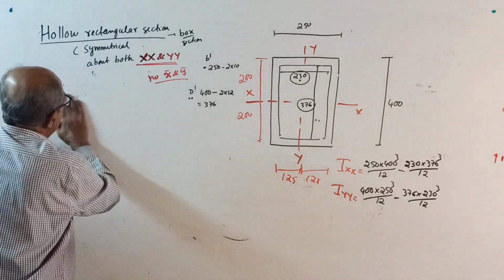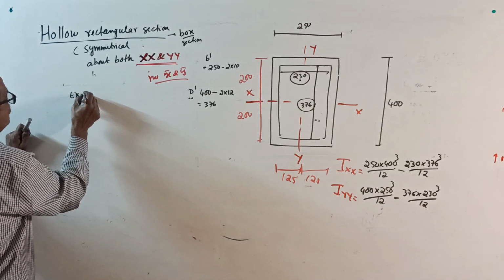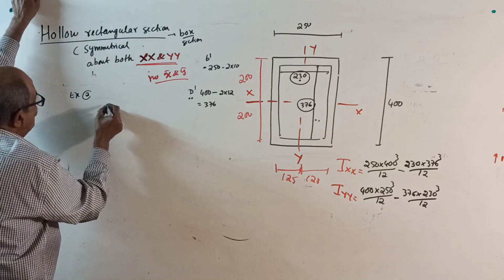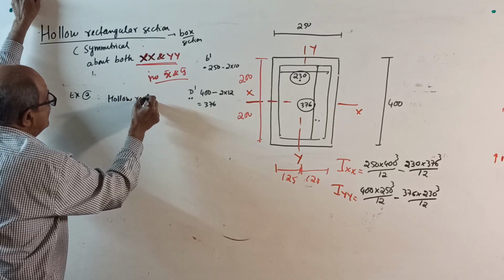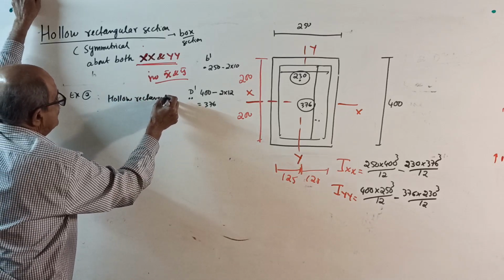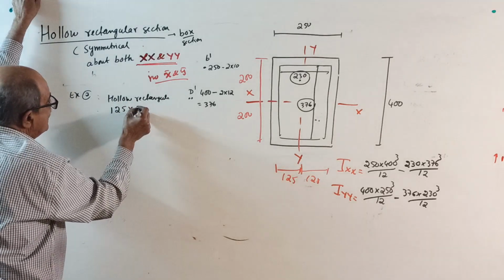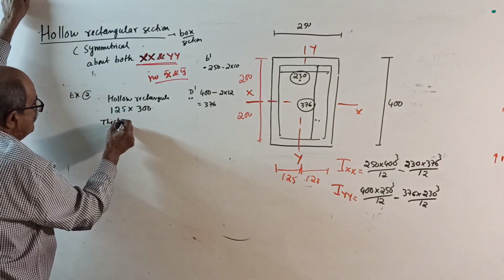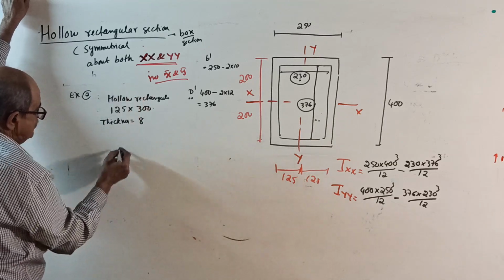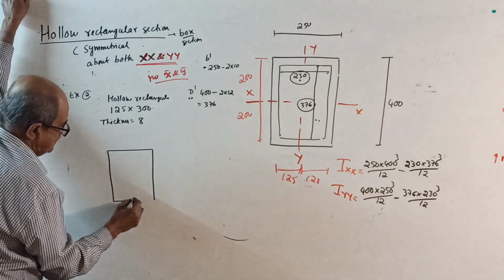Example 2. I'll directly give you one more example, further easier. Hollow rectangular section, 125 by 300, then thickness equal to 8.